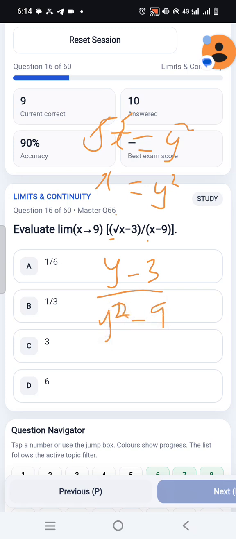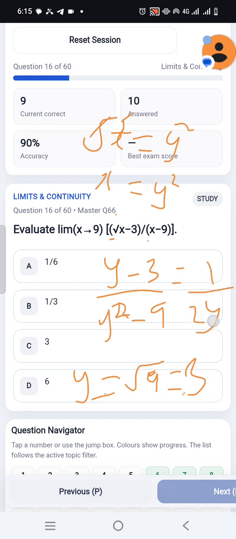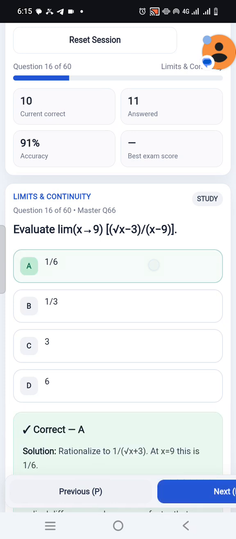Then I change my limits, because y itself is equal to square root of x and my x tends to 9, so my y tends to square root of 9, that is 3. So apply L'Hopital's rule, this will be 1 all over 2y. Then y is 3, that is 1 all over 2 times 3, that is 6. So that is 1 all over 6.